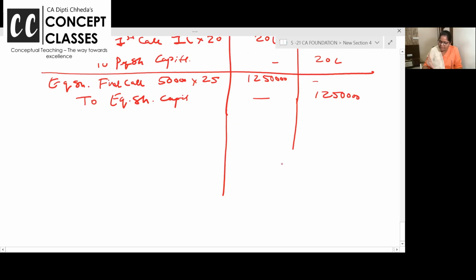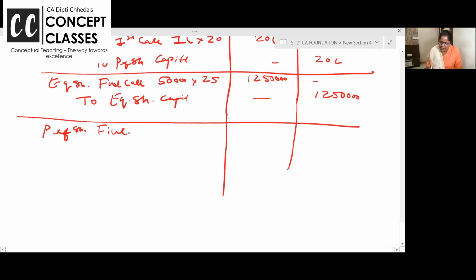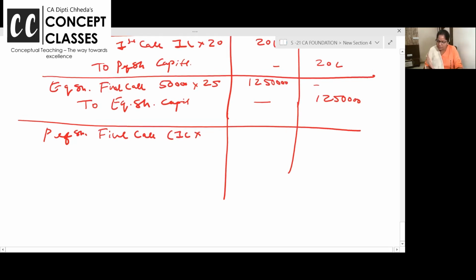Preference also, you are making the final call. Preference, it's just repetition of entries. Preference shares final call due. 1 lakh shares into 30.